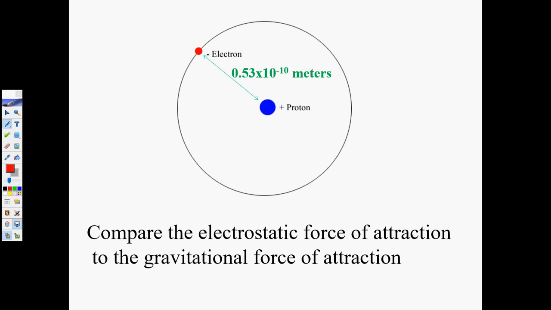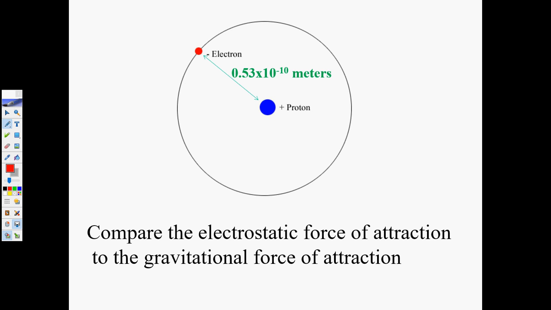Well, in a simple hydrogen atom, you have one electron that's orbiting one proton. And there is an electrostatic force of attraction, and there's also a gravitational force of attraction.